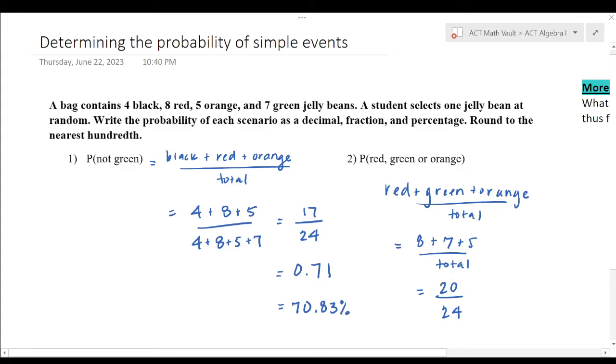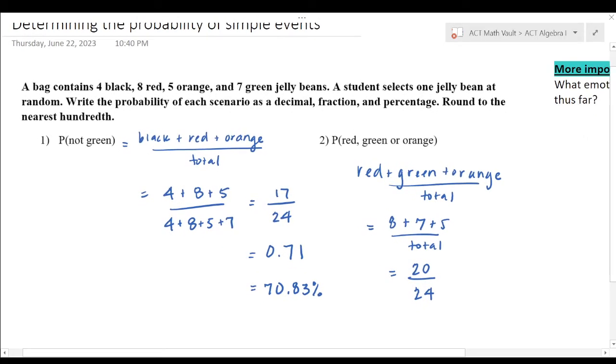I picked this second one to be a tiny bit harder than the first one because you do have to simplify the fraction. So 20 and 24 are divisible by 4. This would be 5, this would be 6 if you divided 4 out, top and bottom. So technically the answer is 5/6.